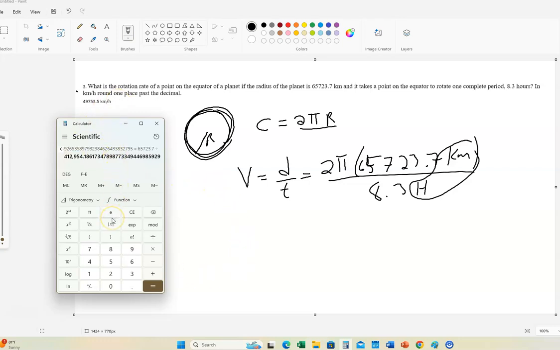Rounding to one place past the decimal, we get 49,753.5. The next digit is a 1, so you don't round up, which is exactly what I have right here. So that's number 3.